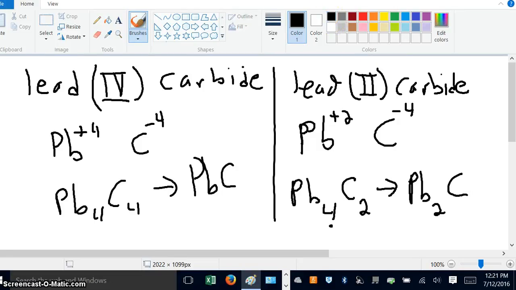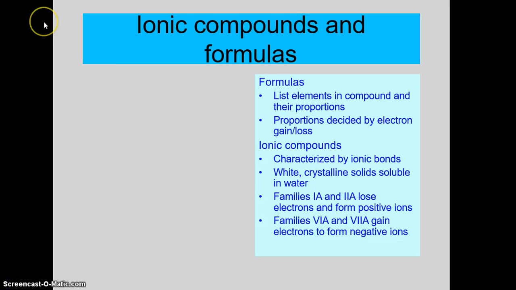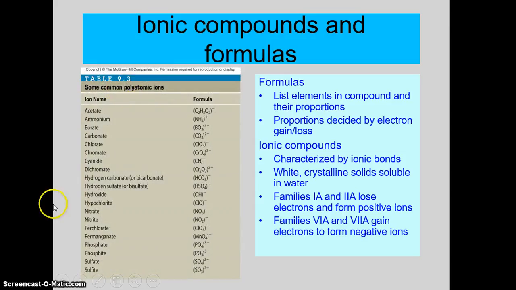Let's see, do I have time? I'll do it in the next video, just to let you know what we're going to do. If you go beyond this table 9.2, there's a table 9.3, which has different polyatomic ions, and most of them are negative, so most of them act like our nonmetals, with the exception of ammonium.